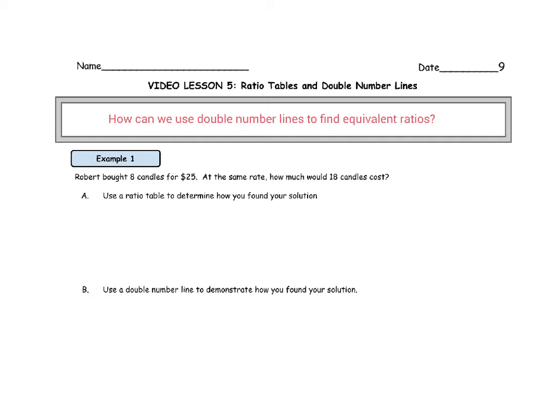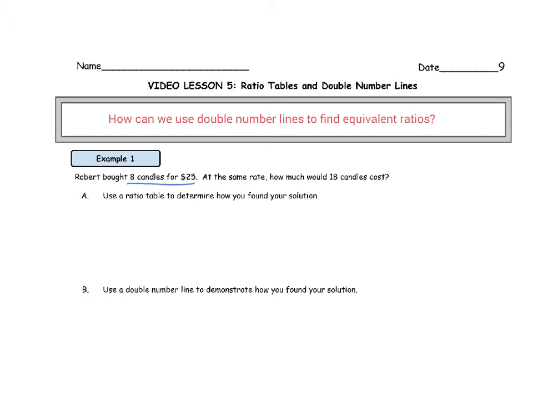Robert bought 8 candles for $25. At the same rate, how much would 18 candles cost? So I think that this information, the fact that Robert bought 8 candles for $25, is important. Letter A says, use a ratio table to determine how you found your solution.